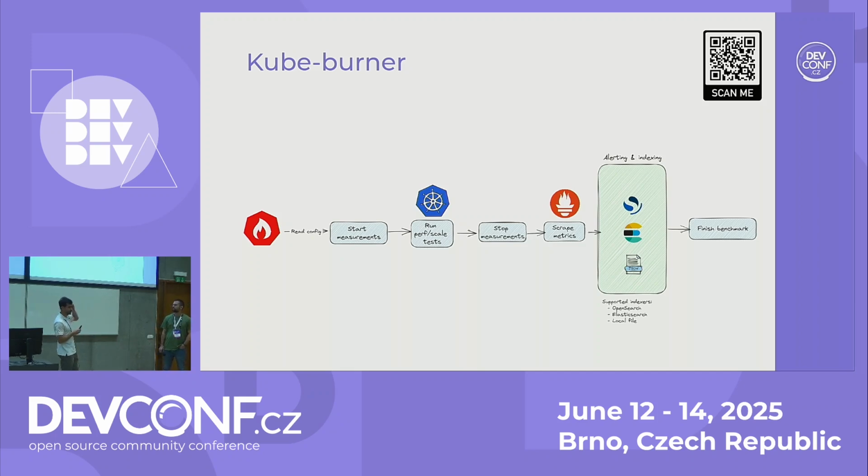We are just supporting that because of historical reasons on my team, but we have created some interfaces in case anybody is interested in creating a brand new indexing system. And after that, we consider the benchmark as finished.